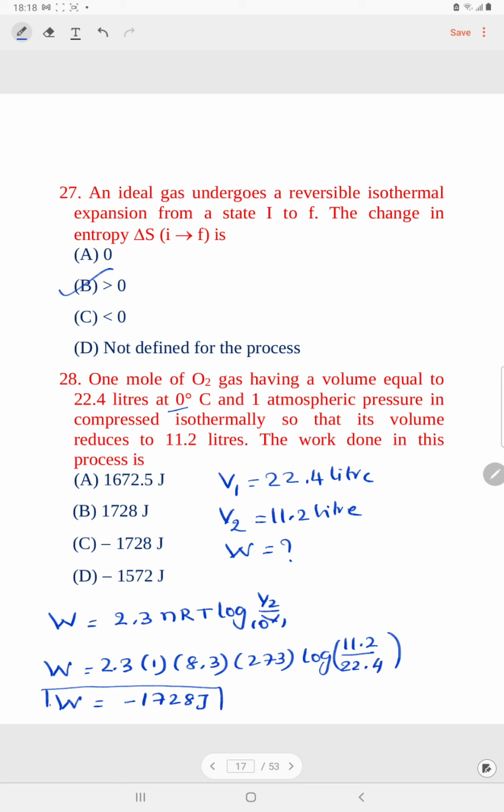You know, students, why we get negative sign? Because here the volume is decreased. It was 22.4 liter, reduced to 11.2. If the volume is decreased, we say there is a compression, and in compression the work done is always negative. You have to simplify this. The simplification answer will be giving minus 1728 joule.